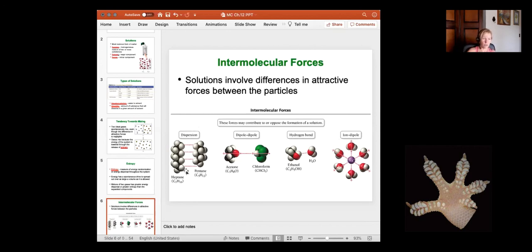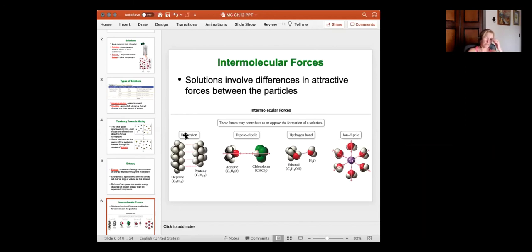Holding that lizard on are these very small dispersion forces, but there are millions of them. So they're very additive. That's the lowest type of intermolecular force.